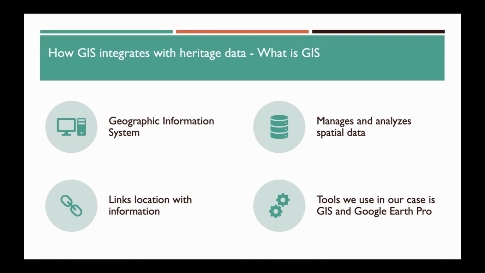In heritage management, GIS allows us to link each archaeological record in a database to a geographic location. This transforms static data into something dynamic and interactive. So, for example, instead of simply listing sites, we can visualize their distribution.